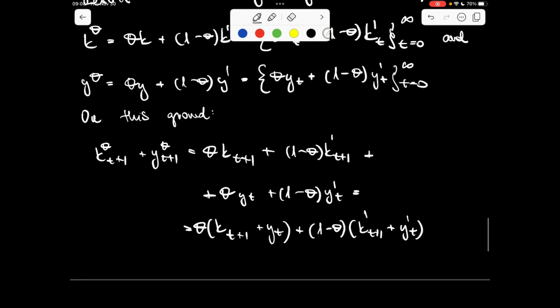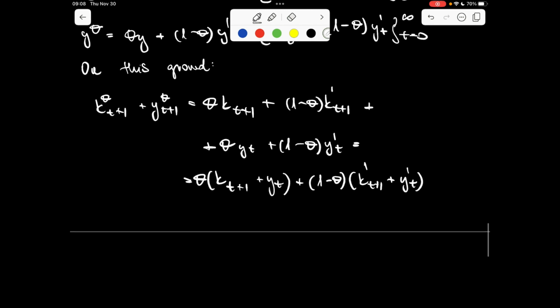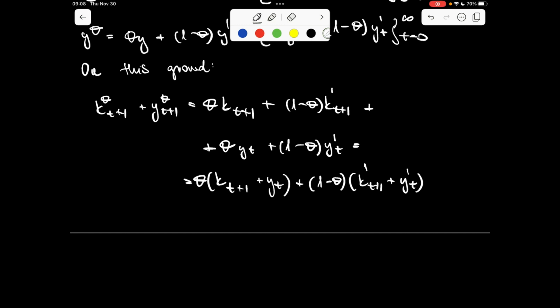And given that they are in the production set, both paths satisfy the inequality, so this is also true.